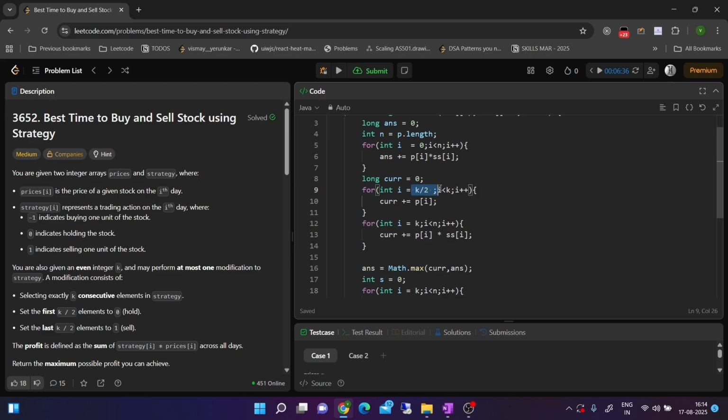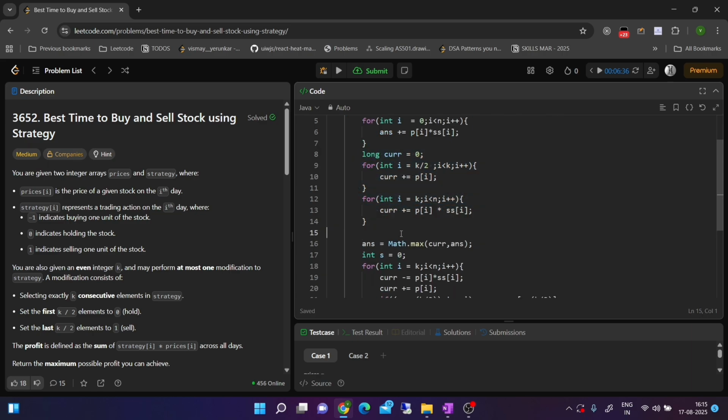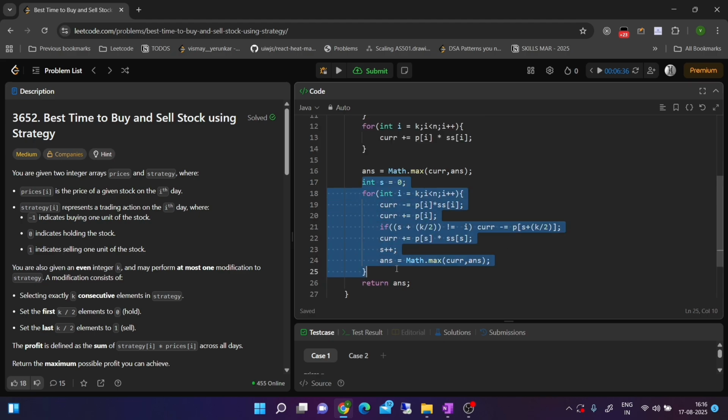Hence for the remaining half part we calculate p of i into s of i. This part basically calculates the profit on the array by selecting and calculating the answer on the first subarray of size k on the strategy array, and then we see if the answer calculated without any modification is better than the answer calculated by modifying the first subarray. And then we add our sliding window logic here.